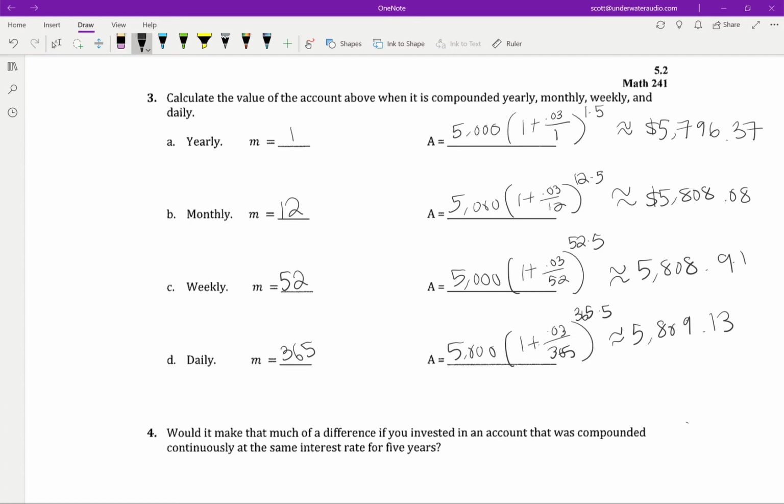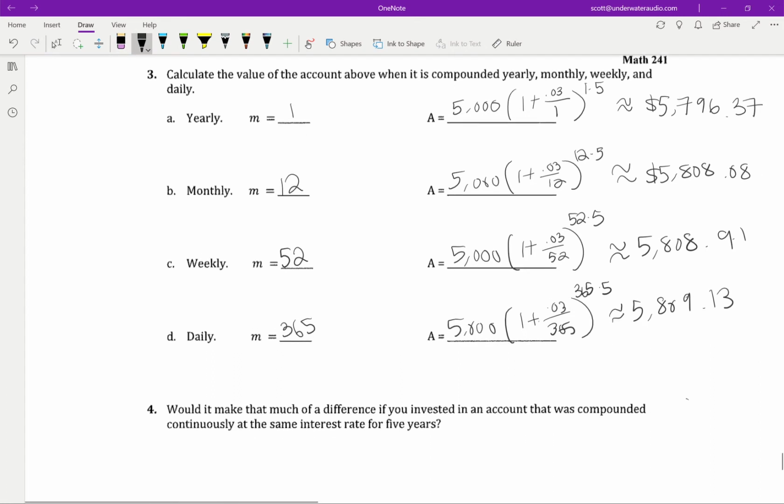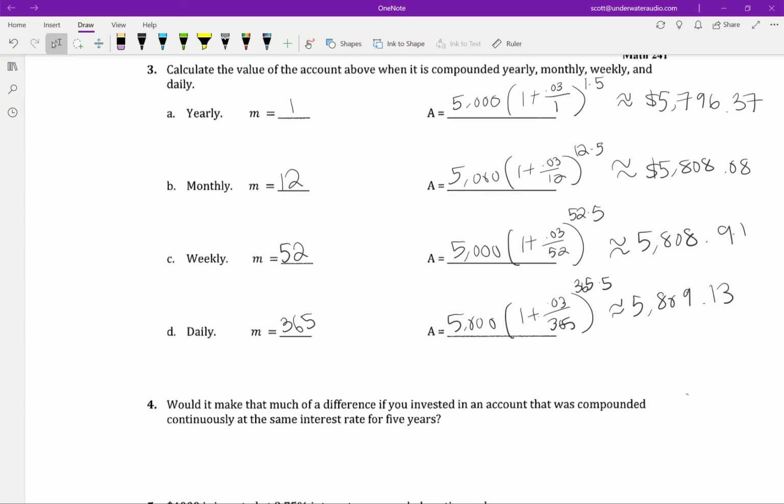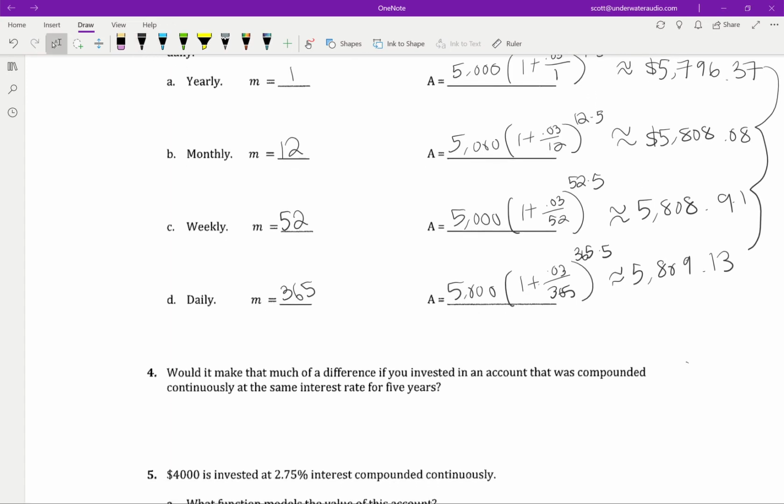So let's see the next problem. Would it make that much of a difference if you invested in an account that was compounded continuously at the same interest rate for 5 years? And I would have to guess no, given how slowly this is increasing. Like we're increasing less and less each time. But we might as well find out. 5,000 e to the r, 0.03 times 5.